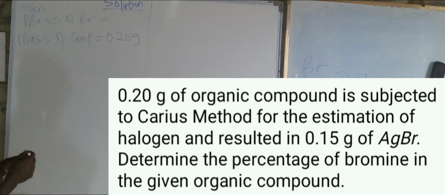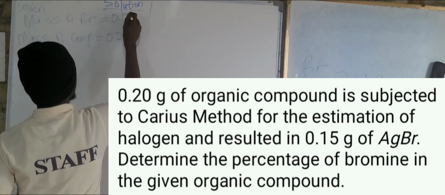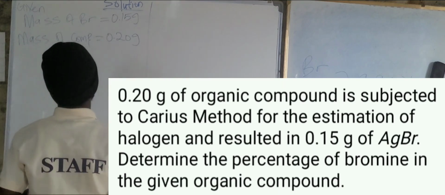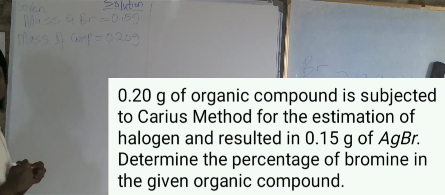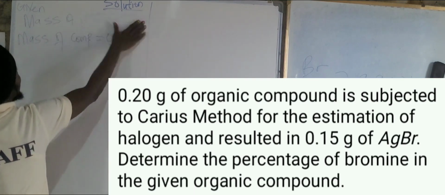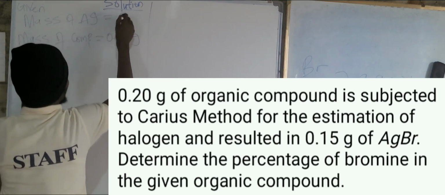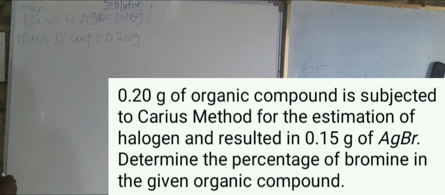Subjected to Carius method for the estimation of halogen resulted in 0.15 g of silver bromide. Determine the percentage of bromine in the given compound.